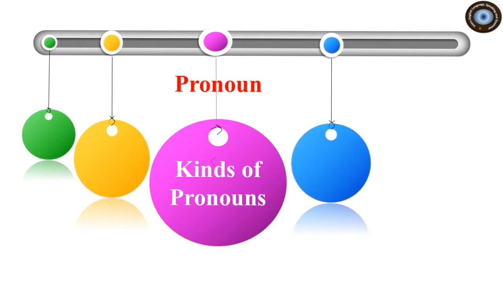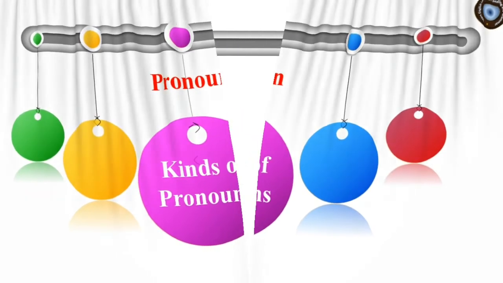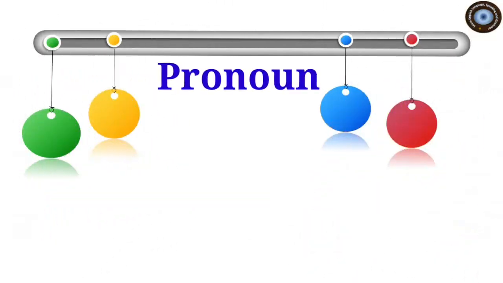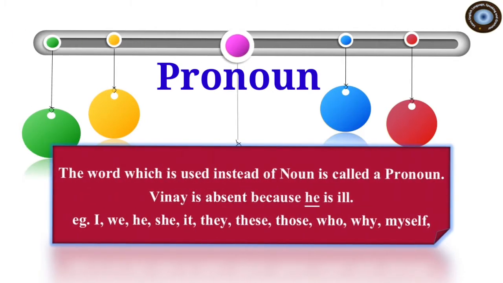A pronoun is a part of speech, and the word which is used instead of a noun is called a pronoun. For example, let's see this sentence: Vijay is absent because he is ill.